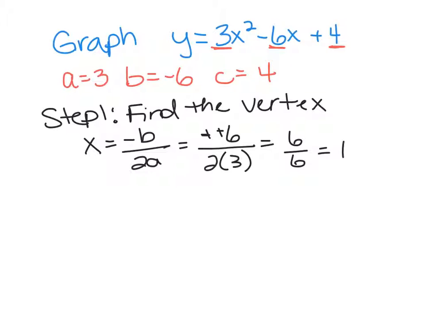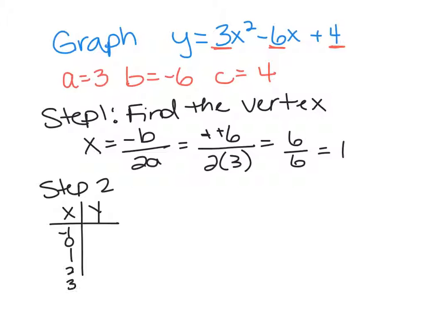Step 2 is to make a t-chart. So we're going to have x, y, the 1 goes in the middle, the vertex goes in the middle, you pick 2 smaller and 2 bigger. Very similar to how we did absolute value, kind of like how we pick the vertex in the middle and then we pick smaller and bigger.